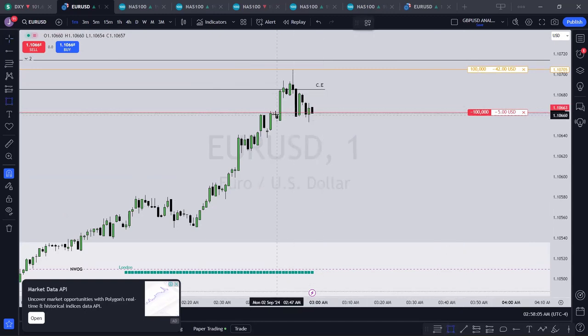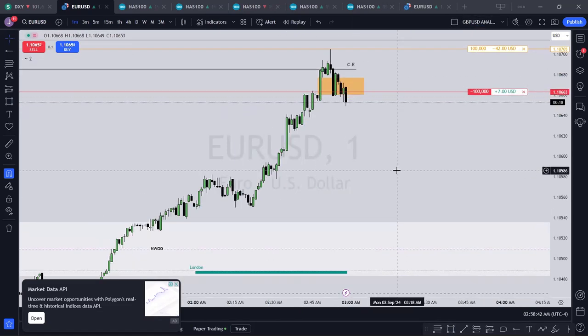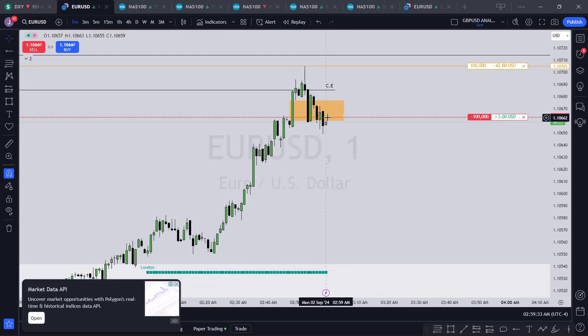I want to see price close below this fair value gap. All right, so we've gotten a close below this fair value gap. So I expect the candle with strong momentum to print anytime soon.